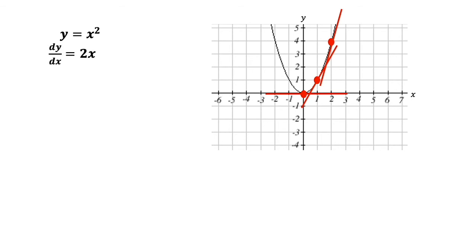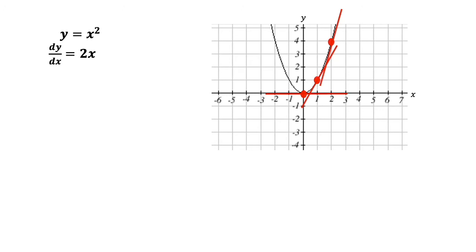So let's go back to the curve. So y equals x squared. If I differentiate, that gives me 2x. So to link this with the gradient, the tangent, what you need to remember is that the differentiation gives you a formula for the gradient of the curve at any point, which means that you've now got a formula for the gradient of the tangent at any point on that curve.